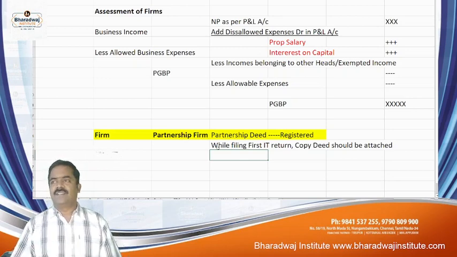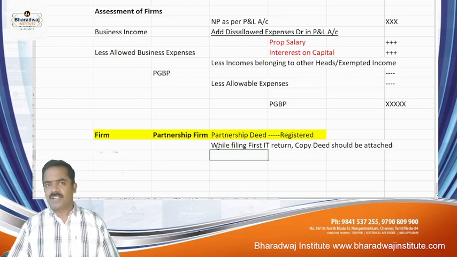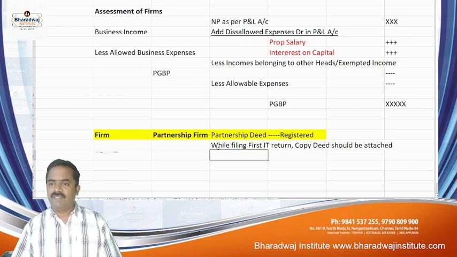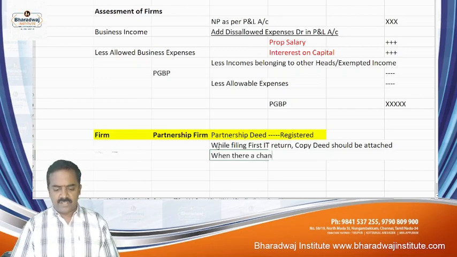Suppose there is a change in the partnership deed. In financial accounting, we have learned that when there is an admission of a partner, the partnership deed will change. Retirement of a partner or death of a partner, the partnership deed will change. So when there is a change in the partnership deed, it should also be submitted.